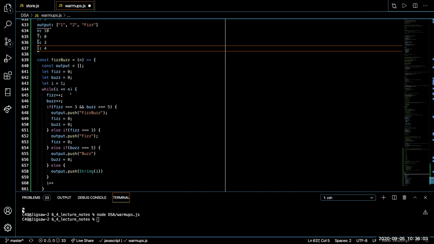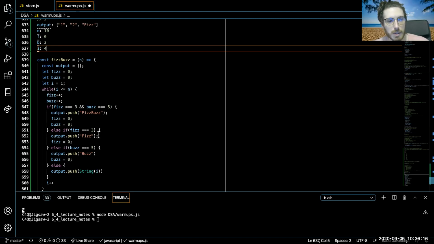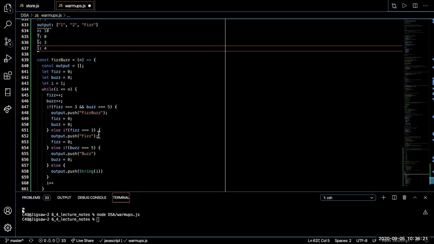Oh, because mathematically you know that fizz and i are on the same level. So if they're the same number, you know that the ratio is going to be 1. What do you mean by the ratio is going to be 1? So first we started at 1 and then we incremented to 2. Then we start back at the beginning of the while loop and increment fizz and buzz to 2.